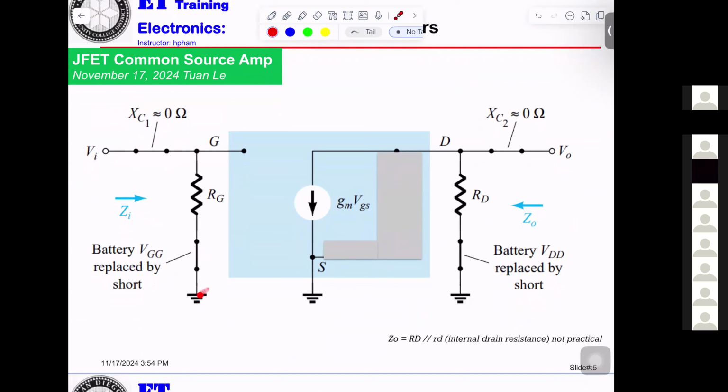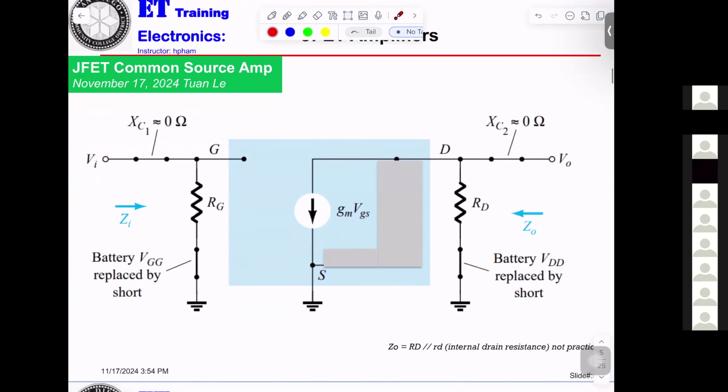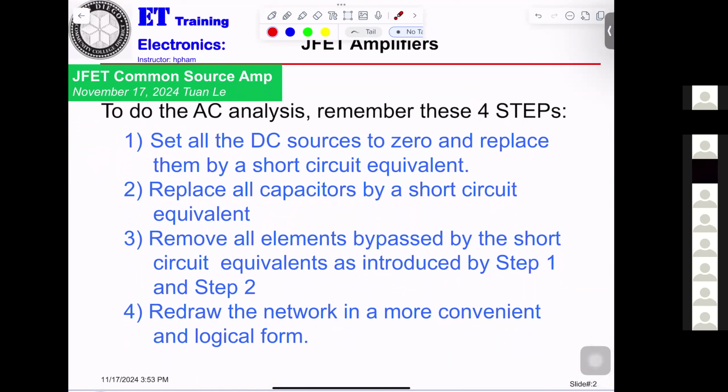That means shorted to the ground. Okay? Second thing, capacitor C1. You see that? C1 will be shorted. That's what they're already telling you from here: replace the capacitor by a short circuit equivalent.